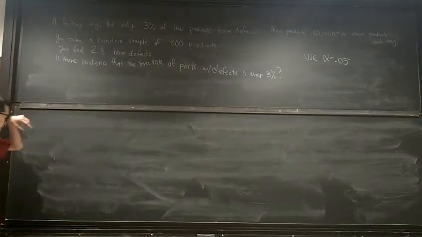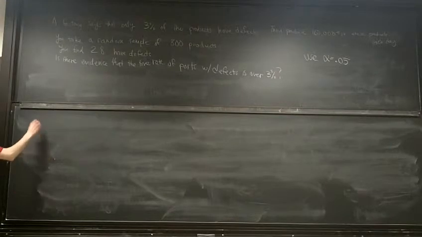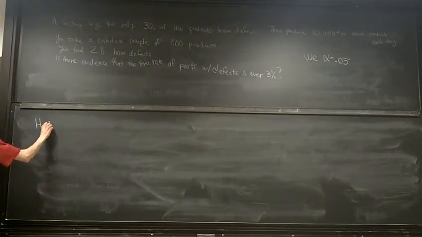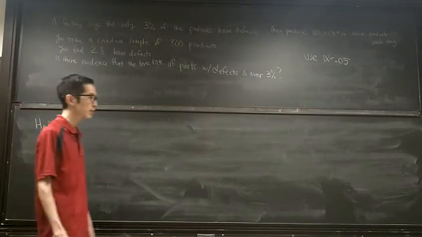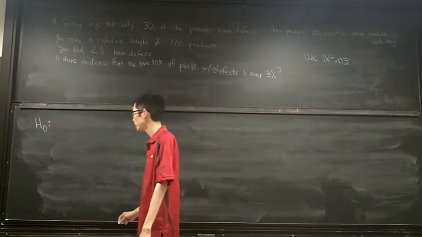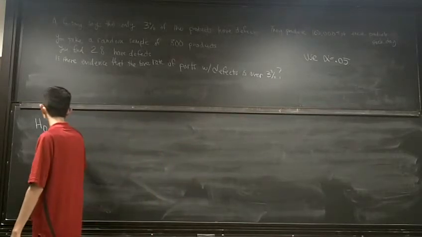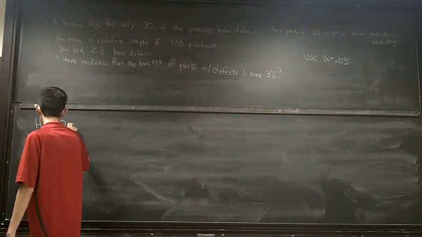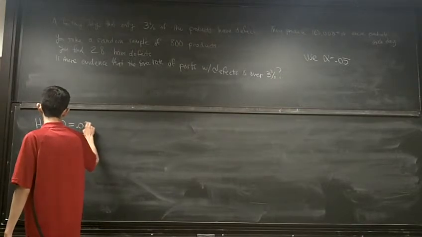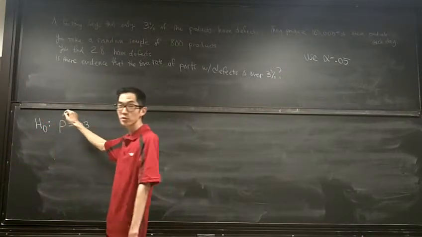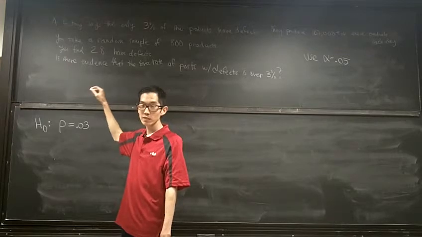Okay, let's try this out. First off, what is our null hypothesis? It's not 0.03, it's that the null hypothesis is that P is 0.03. Always make sure, because the null hypothesis is a statement.